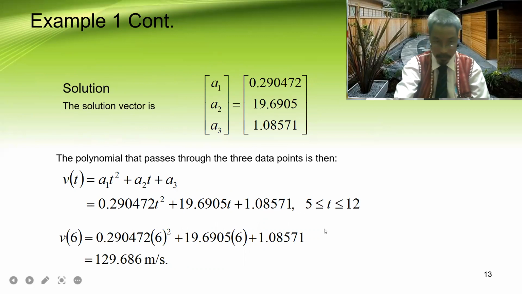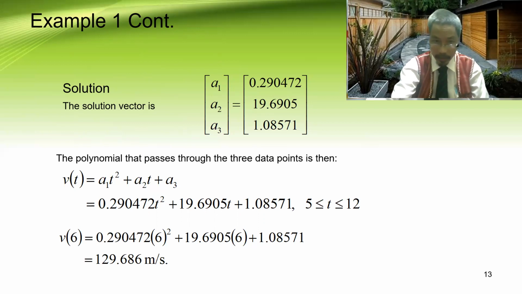Since we already have this equation, just substitute the value of time, which is 6 seconds, and we can solve for the velocity at that time.